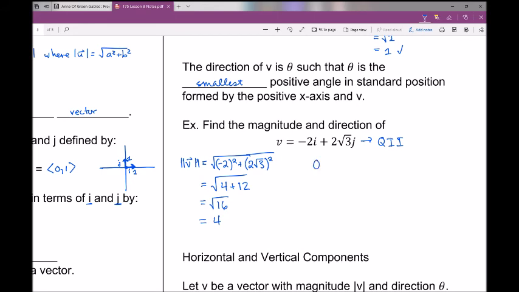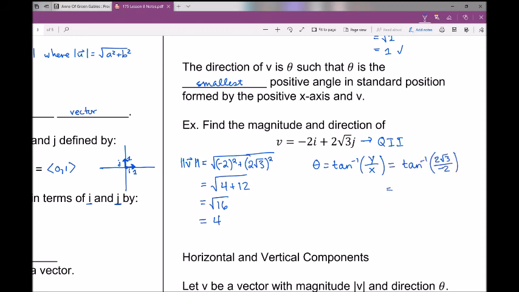Now for theta, we're going to use that same tangent inverse formula that we used back with complex numbers. So what we get is the tangent inverse of y over x, which is 2 square roots of 3 over negative 2.